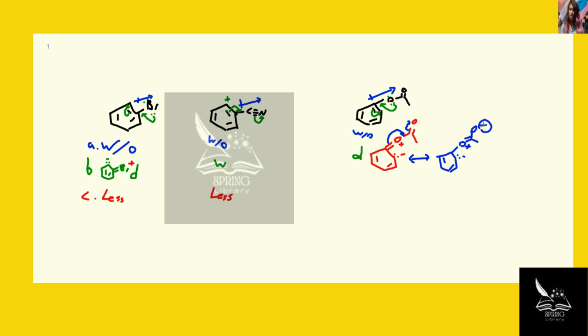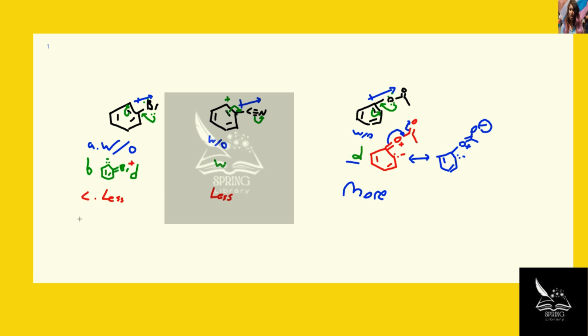So we have some sort of ionic attraction between these two charges and resonance stabilization because we're forming more resonance structures with this molecule. So this donation of electron density into the benzene ring is stabilized by the resonance stabilization of this intermediate structure here. In this case, the resonance will dominate over the withdrawing effect. So this is going to make your benzene ring more electron rich than benzene alone.